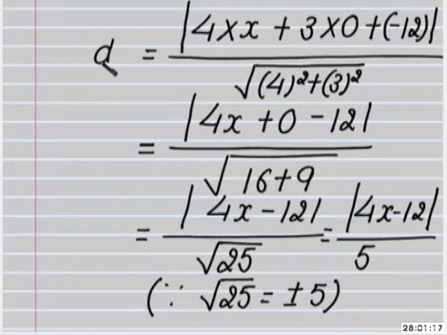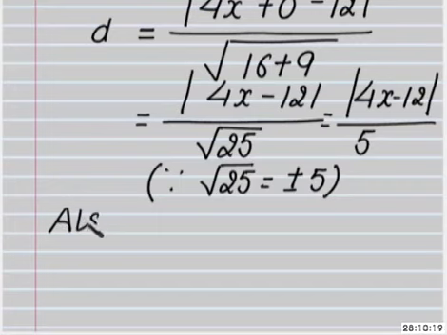As distance can never be negative, we will take the positive value of square root of 25. Also, it is given that d is equal to 4 units.